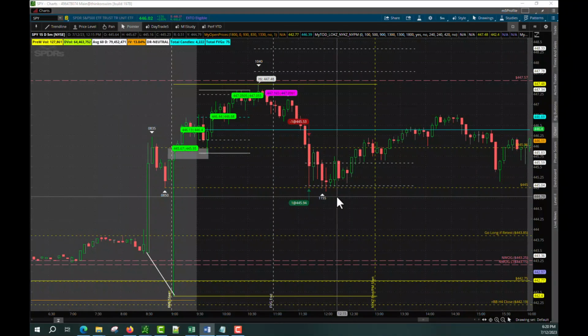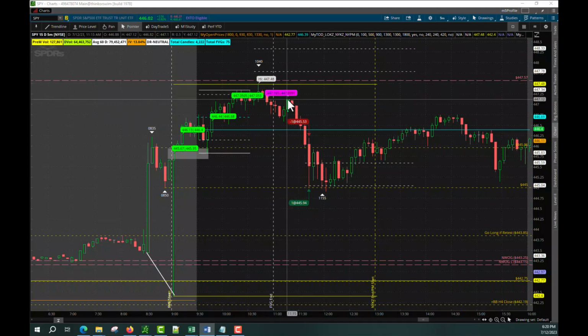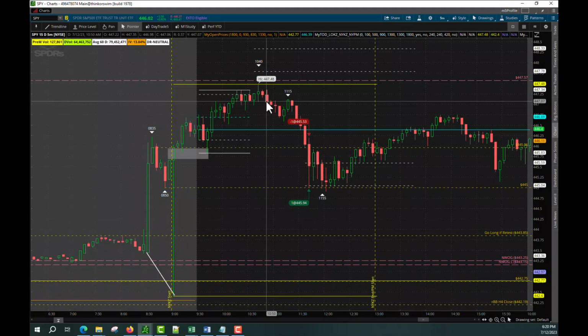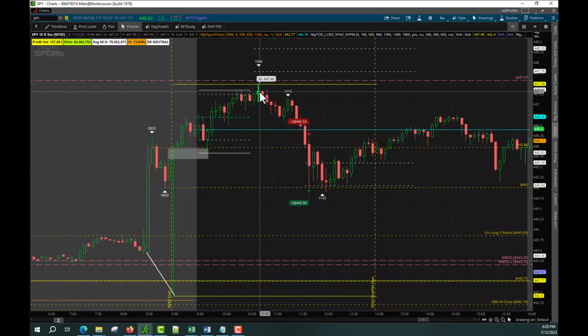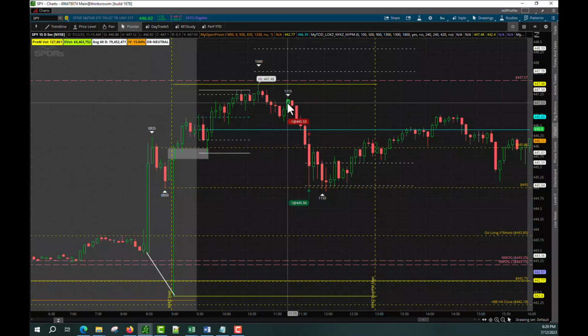Okay, so take a look at the DR model, right? Is it a swing both ends? Not really. So this is the so-called retirement setup right here. But let me turn off the fair value gap for now. Okay, so the retirement setup is when it fails to break through the DR high, it gets rejection, and then it is the combination between the DR model and the ICC concept right here.